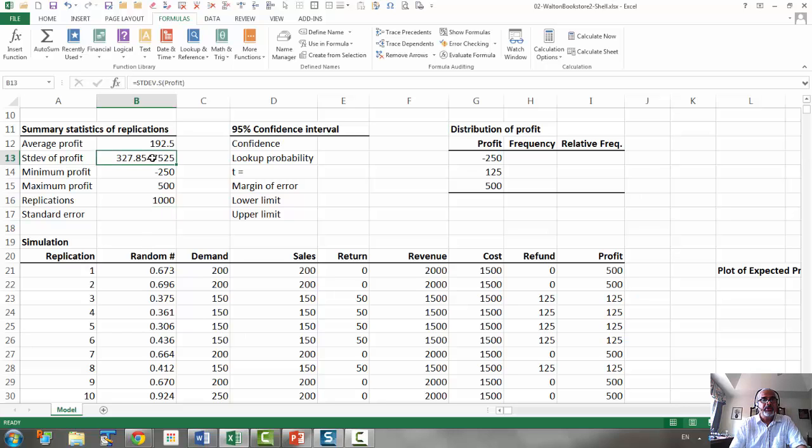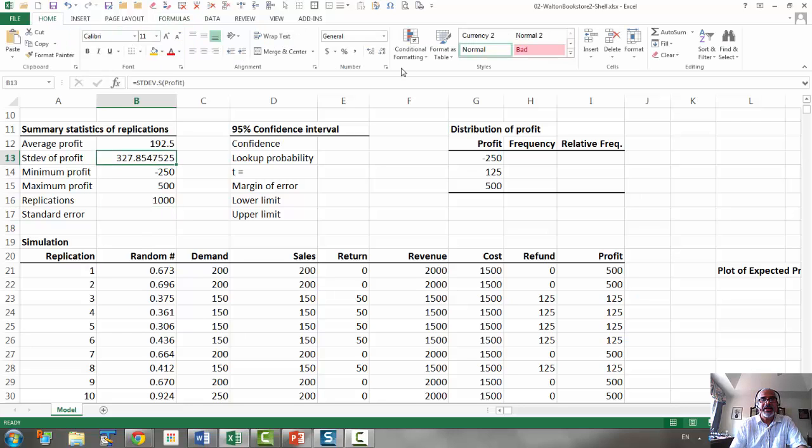Now the standard error, we need standard error for the purpose of developing the confidence interval. So let's look at what the confidence interval formula is like.